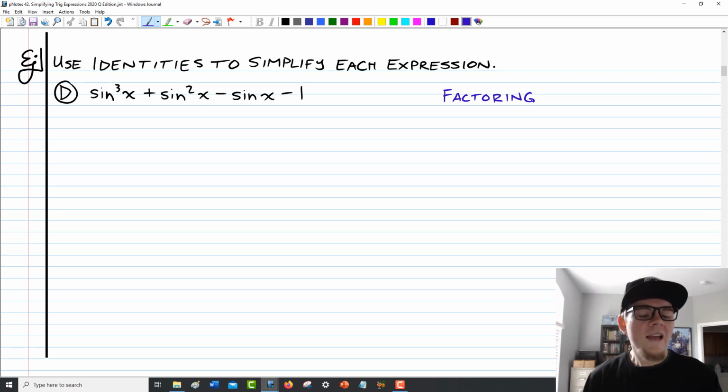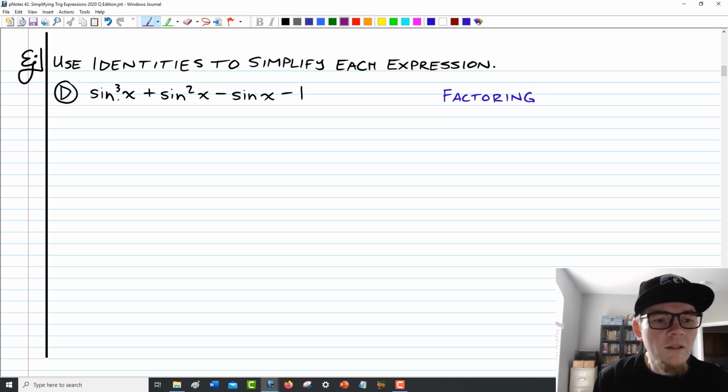So as I look at this expression, there's a couple different ways to attack. I think an important place to start is by making a substitution, or at least thinking of it like this substitution. What I mean is this. I'm going to let there be some other variable, and I'm going to call that variable t, and I'm going to let t be equal to the sine of x.